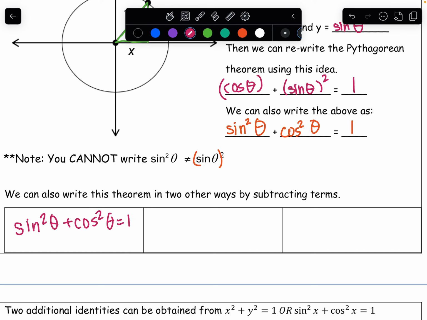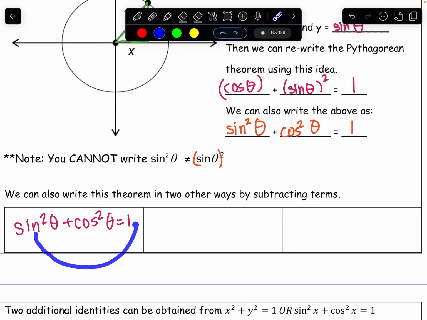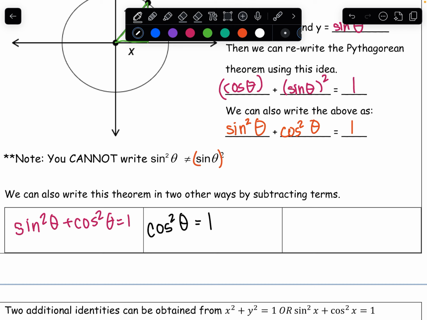Now, if we use subtraction, we can move pieces over. So we could subtract sine squared, and we could then subtract cosine squared to get a different version of this Pythagorean identity. And so we can get cosine squared theta equals 1 minus sine squared theta.